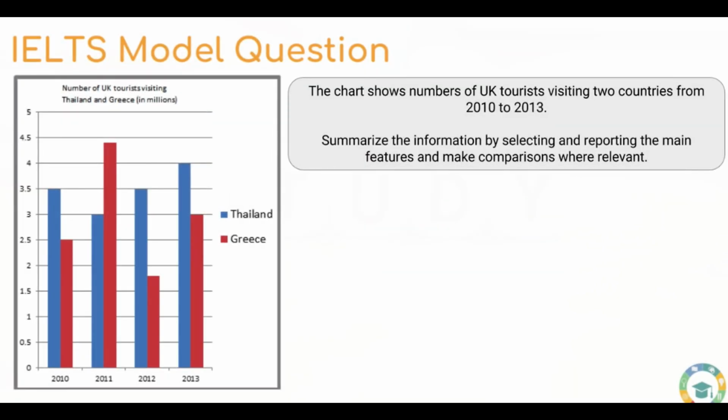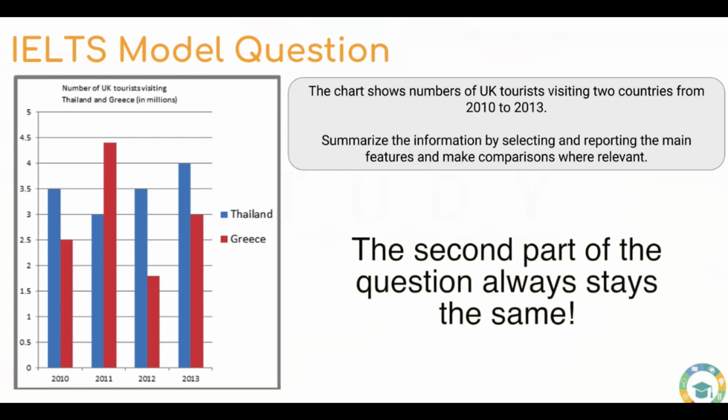The chart shows numbers of UK tourists visiting 2 countries from 2010 to 2013. Summarise the information by selecting and reporting the main features and make comparisons where relevant.